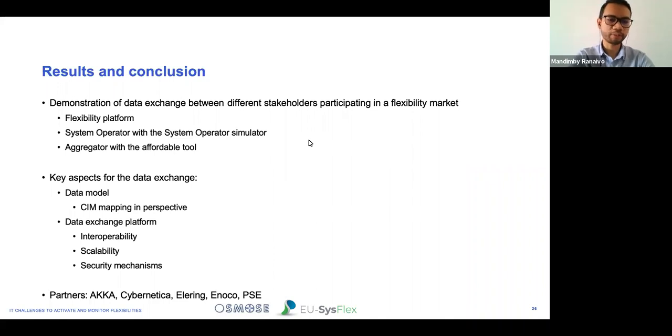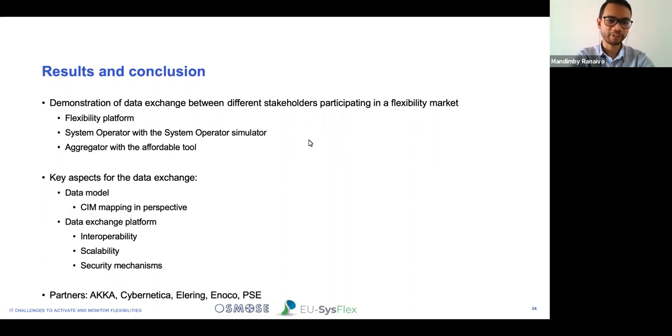And in fact, we had some work in order to go even further in terms of interoperability, to map this data model with the common information model in order to have an even more standardized data model.